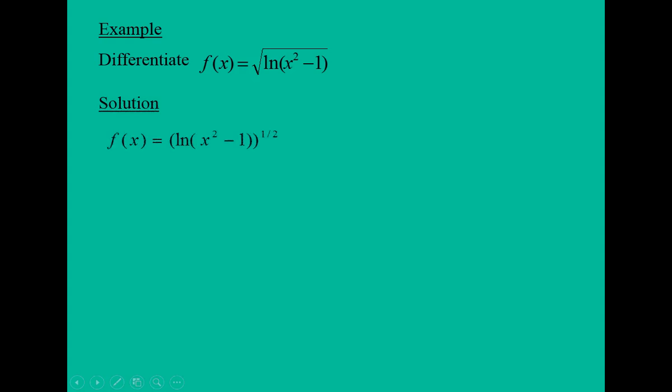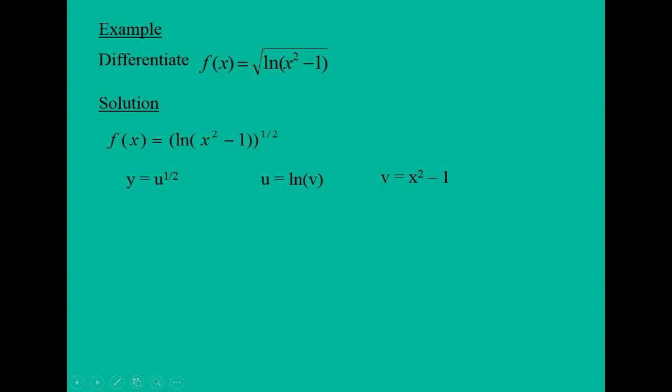The other technique, here we're going to recognize this is the composition of three functions. So we're going to start out with the innermost function as v, which would be x squared minus 1. Then working outward, the next function would be ln of x squared minus 1, but x squared minus 1 is v, so we'd have ln of v. Then the outside function is the square root function, so we would have y equals u to the 1/2.